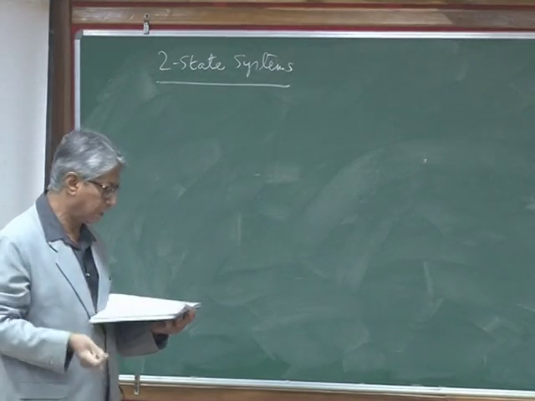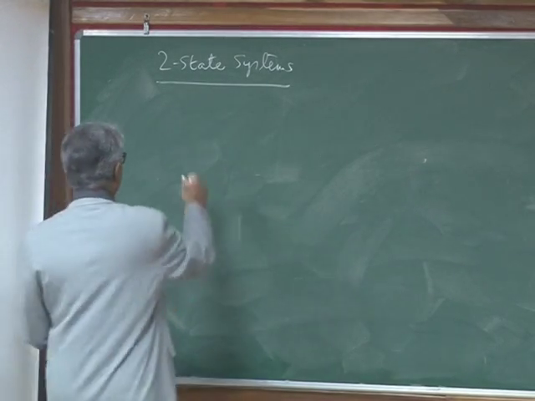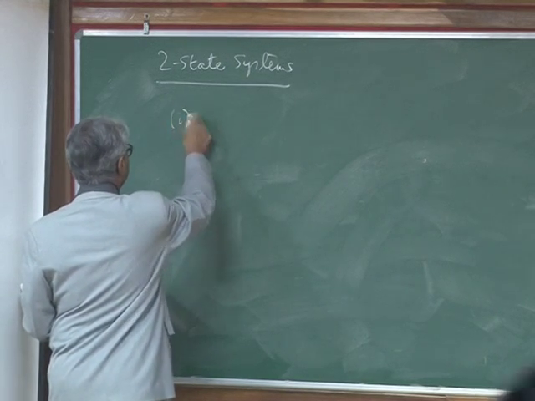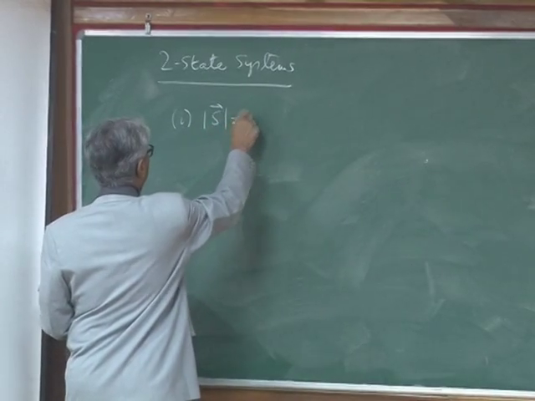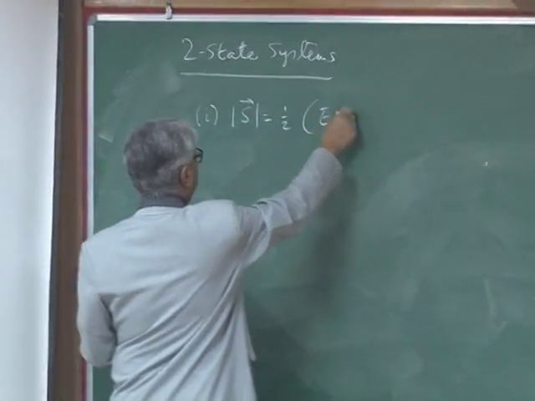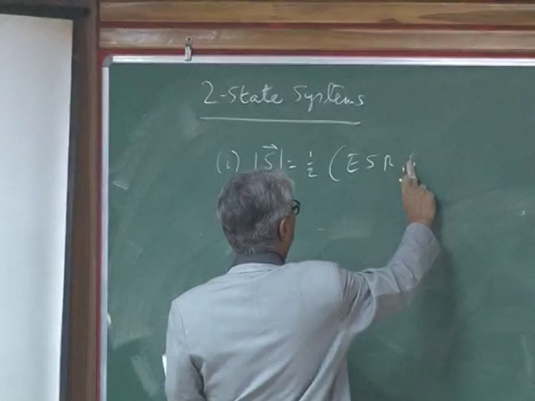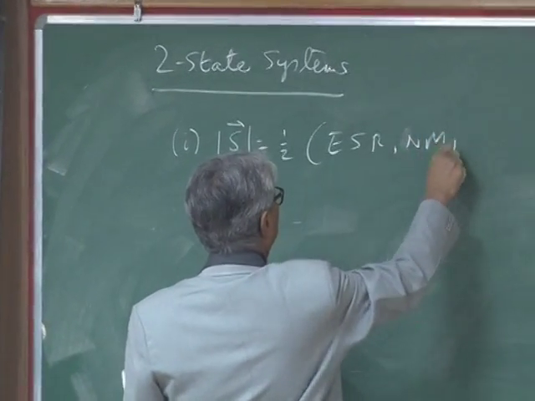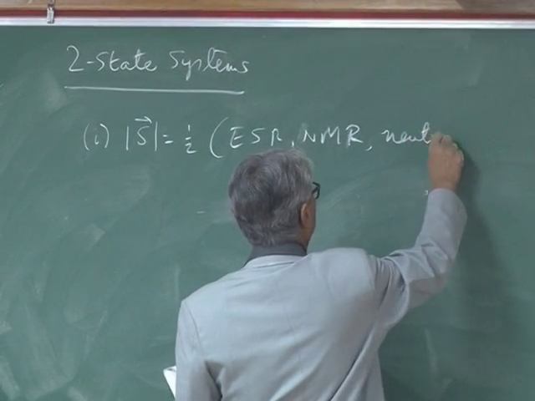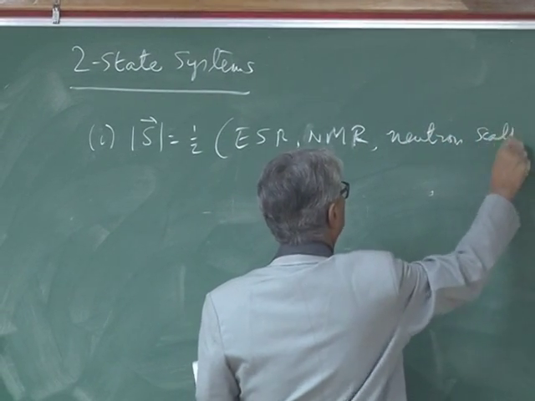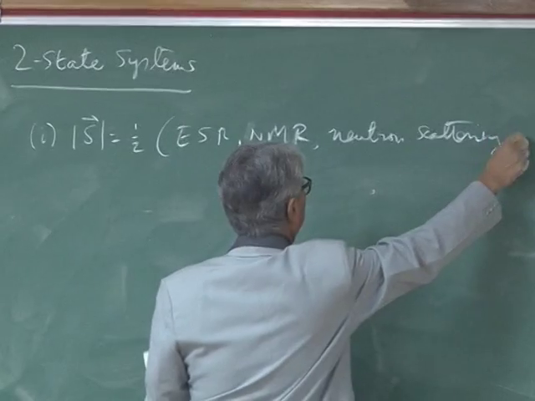They abound in chemistry and in physics. Examples include any spin half problem. You see that in ESR, in NMR, neutron scattering, etc.